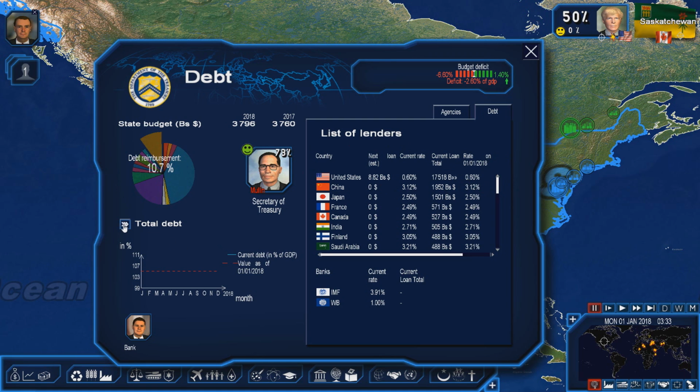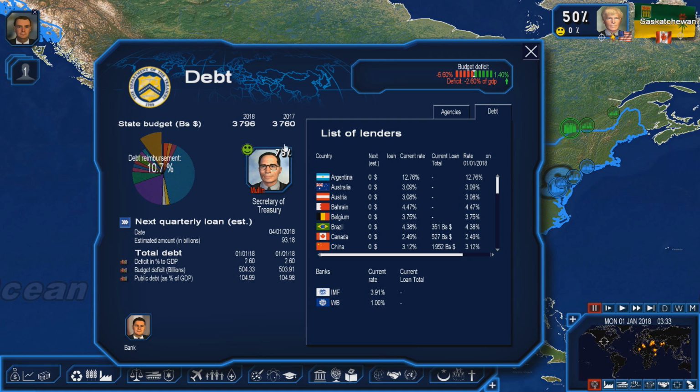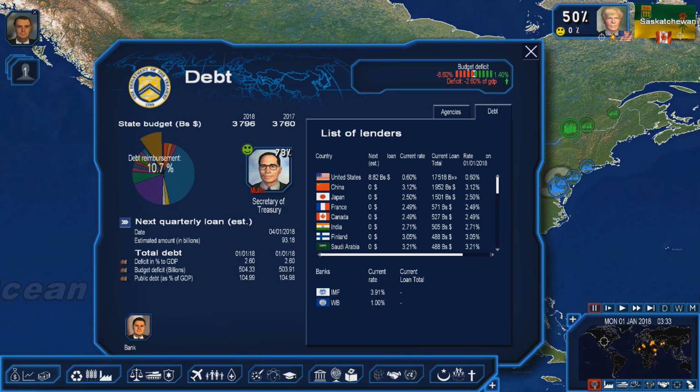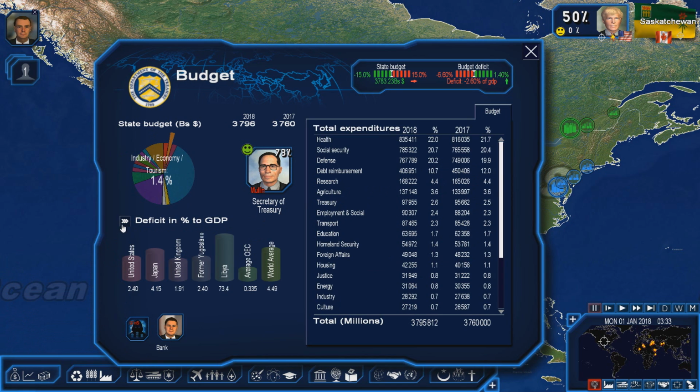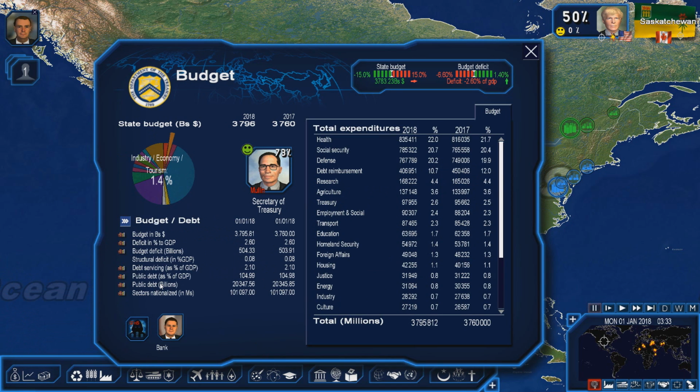Basically, debt is how much money you owe as a sovereign state. I've already talked about budget deficit, but now I'm going to talk about public debt. This can be found under budget, which shows your public debt and your public debt as a percentage of GDP.